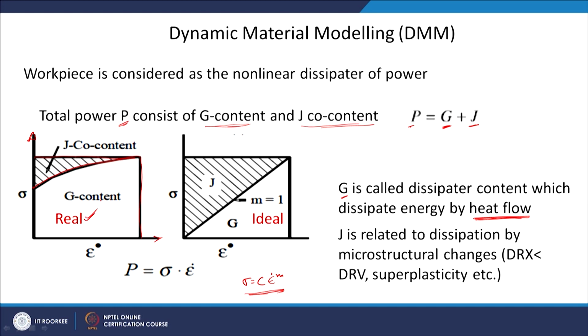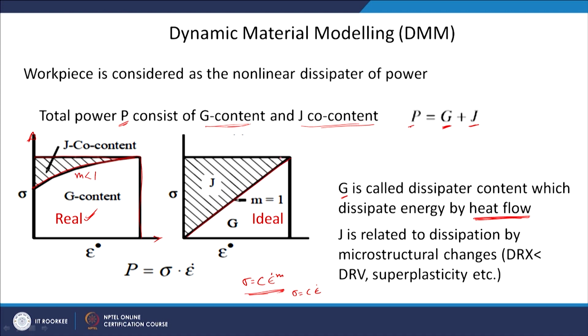Whereas, if I take an ideal system, of course m must be lower than 1. In this case m is lower than 1. If m is equal to 1, then it will be a linear relationship obviously. So, sigma will be directly related to epsilon dot, and there is no constant. It will start from 0 and be just a straight line.